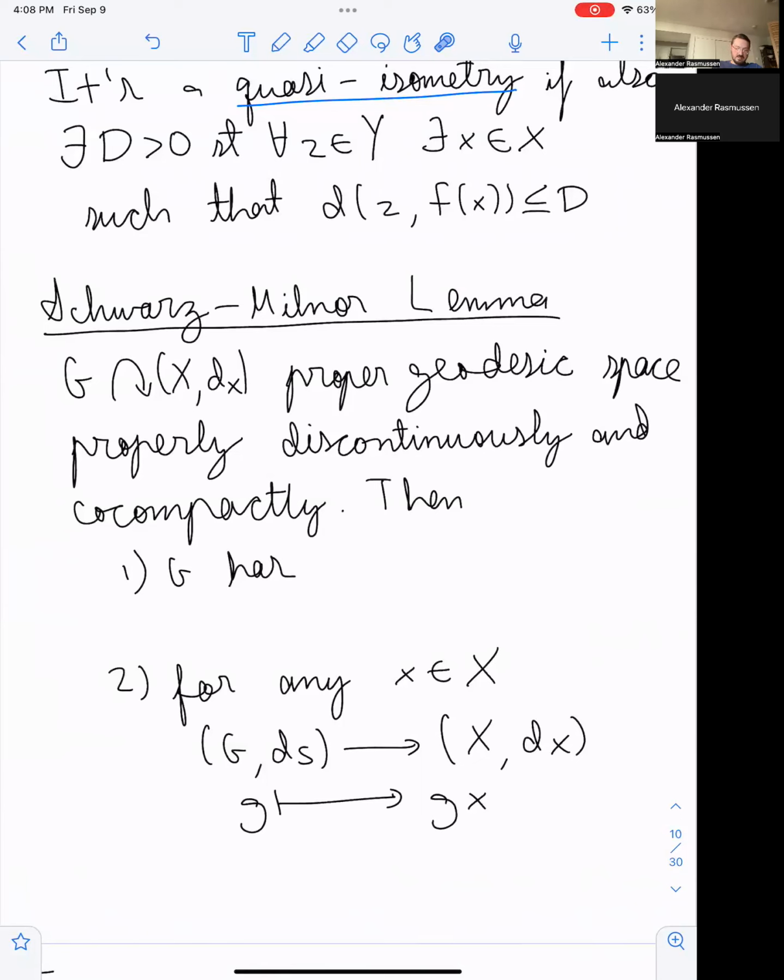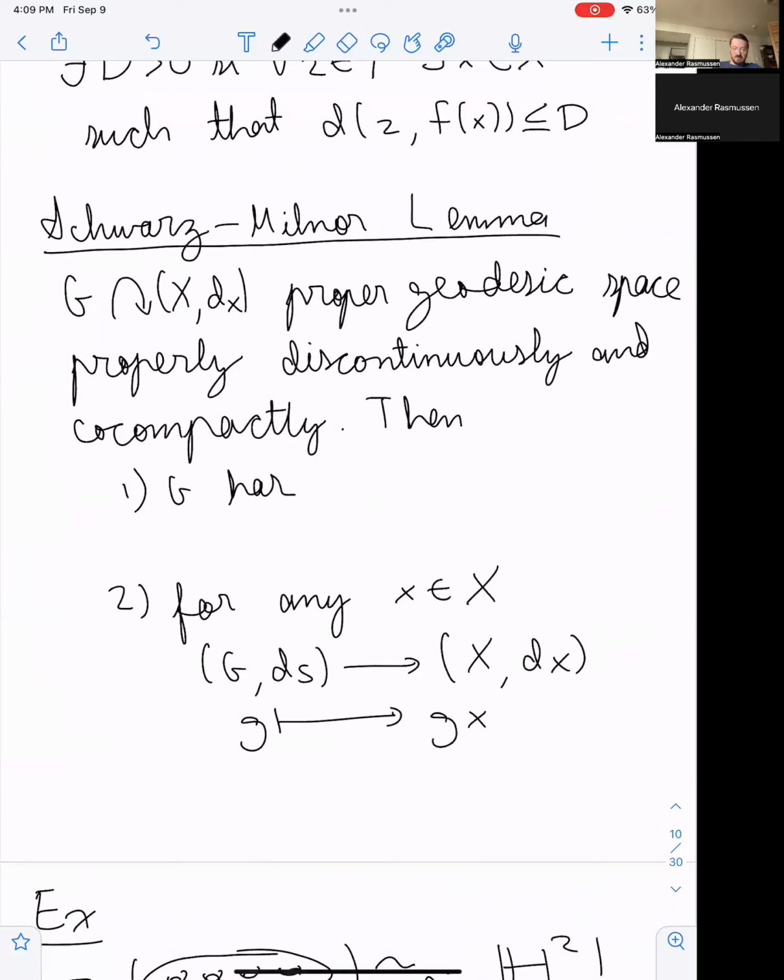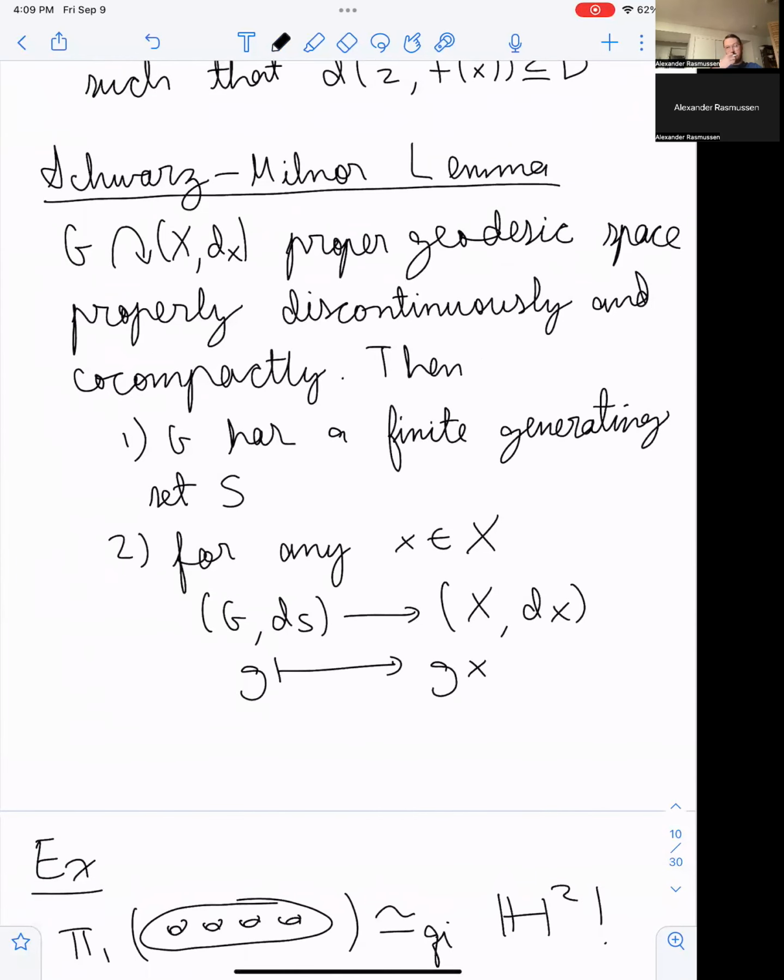So the setting is you have G, which acts on a proper geodesic metric space X, and the action is properly discontinuous and co-compact. Then G, first of all, is a finitely generated group, so it has a finite generating set S. And moreover, G with this generating set is actually quasi-isometric to X.